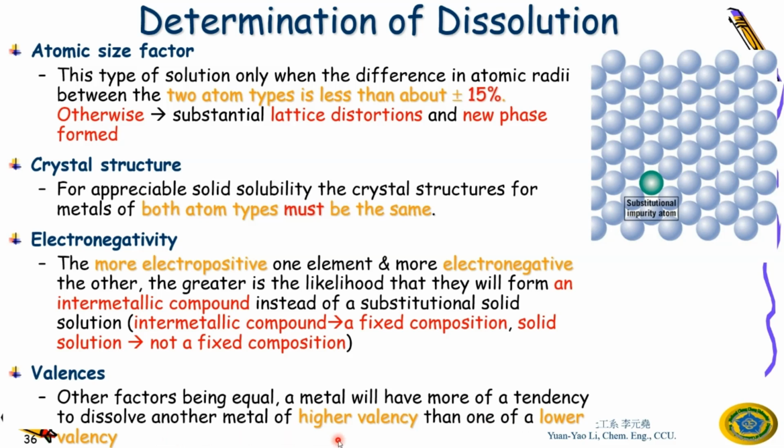That means, according to electronegativity in the periodic table, if you want a good solid solution of A and B, for the solute you need to find an element which has a high valency, like +3 or +4. Okay.